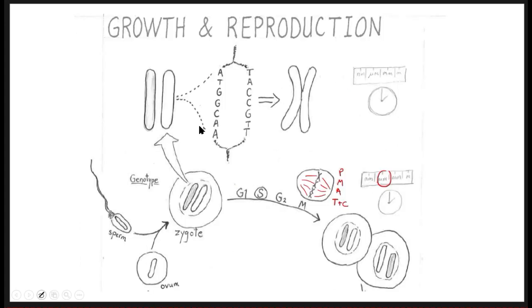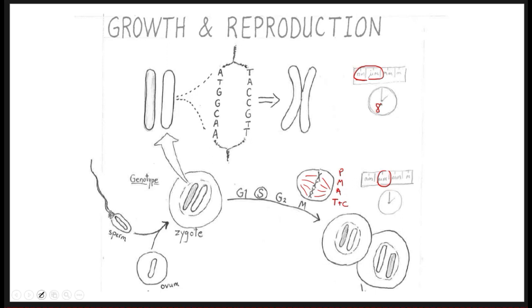We can skip forward a couple of pages to growth and reproduction, and this is where we see a little bit of the DNA itself right here. It gives us an idea of the scale. The chromosomes themselves, these guys here, you can see in a microscope, so they're on the order of micrometers, but the individual nucleotides are nanometer scale, so it's in this really small range.